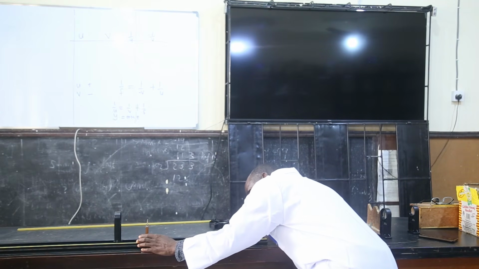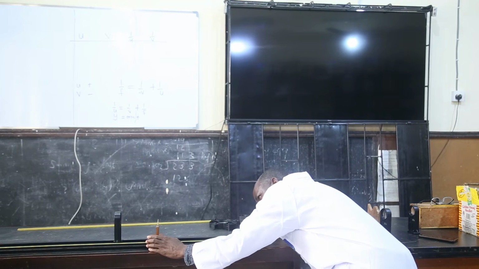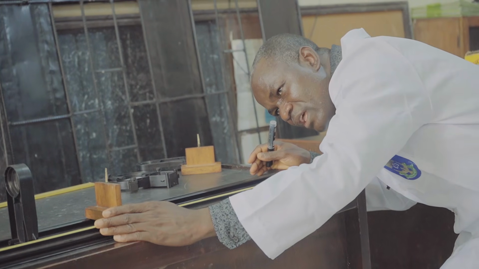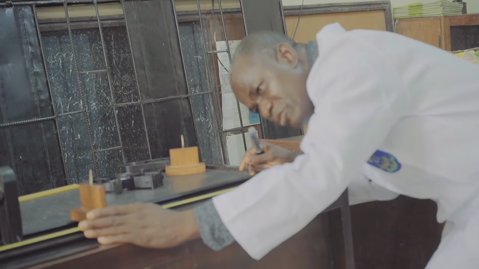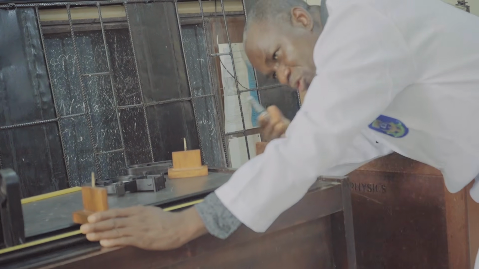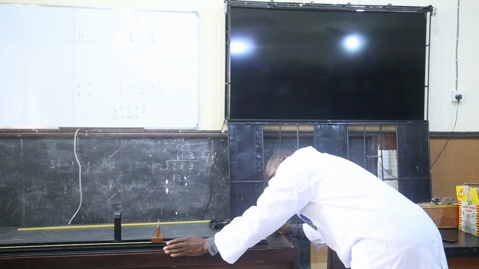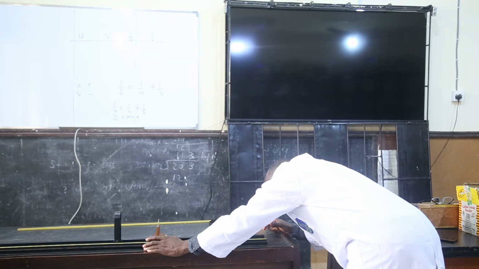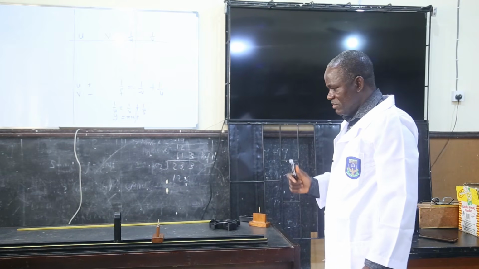Now, if I look this way through the mirror, I can see an inverted image. Then I need to move the object far away or towards, for you to be able to see the image that we are looking for. The moment you can see the image, the next thing is for you to look for a point where there is no parallax between that image and the object.